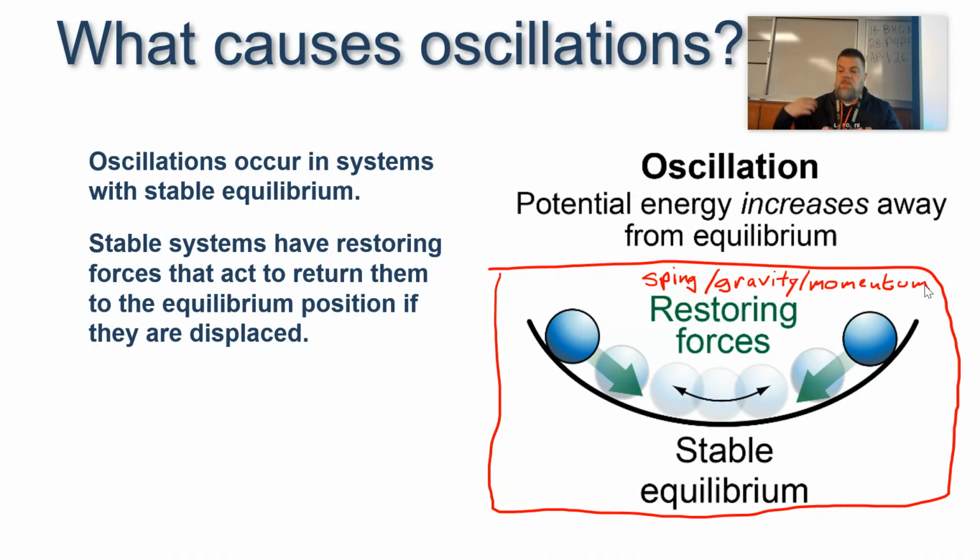There are other types of restoring forces. Just think of any force that pulls things, right? So there's electromagnetic force that could pull or push things away. But usually the restoring force is a pull. So the spring will pull it back up. Gravity will pull it down. The spring will pull it up.